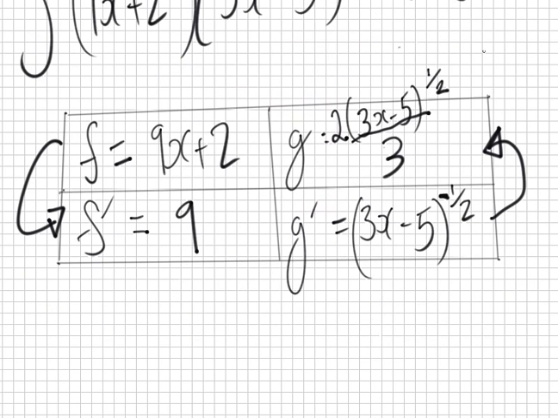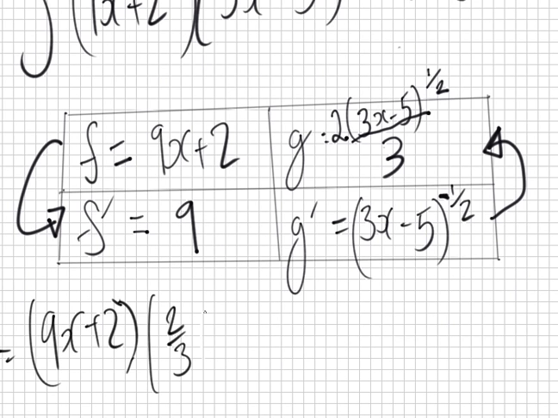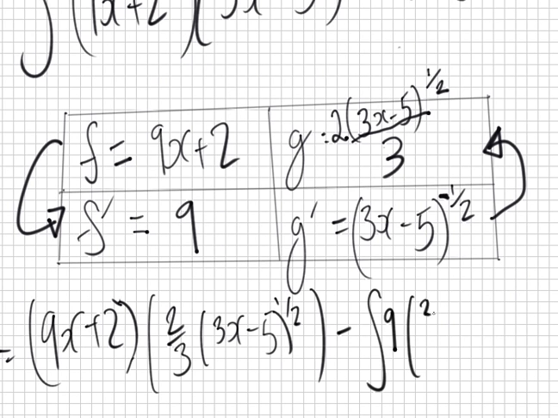Now let's use our rule. So it's F, G, which is 2/3 (3x minus 5) to the power of a half, minus F derivative, which is 9, times G, which is 2/3, and then again (3x minus 5) to the power of a half dx.